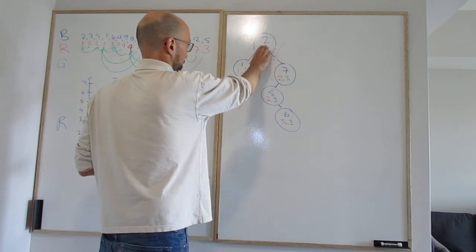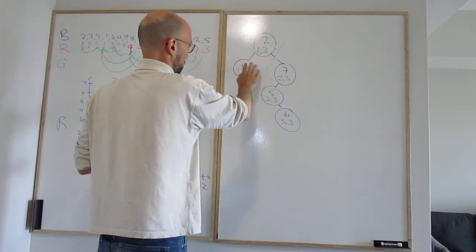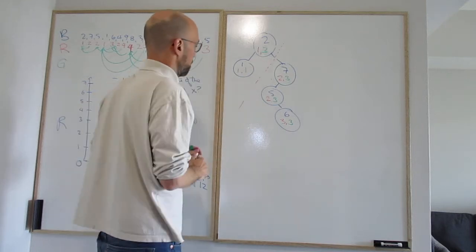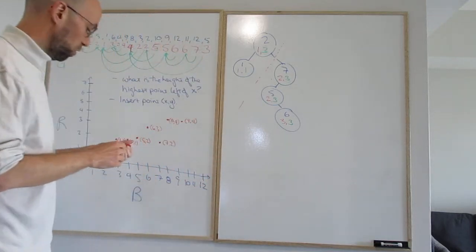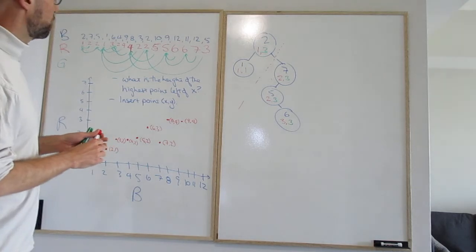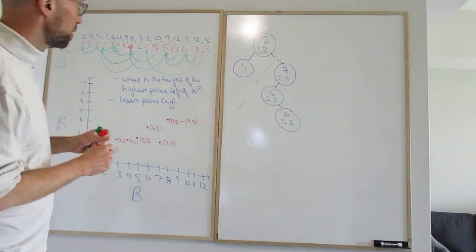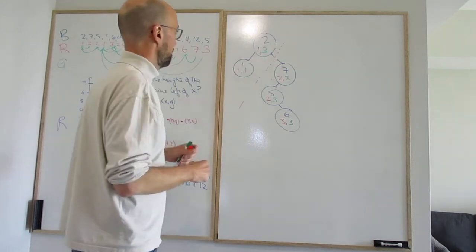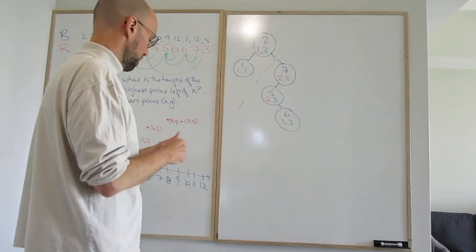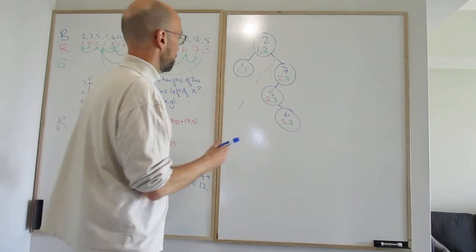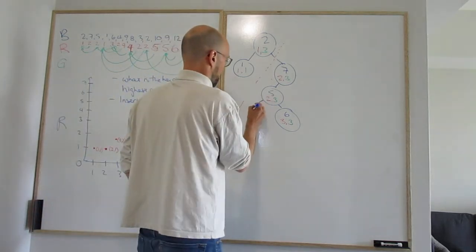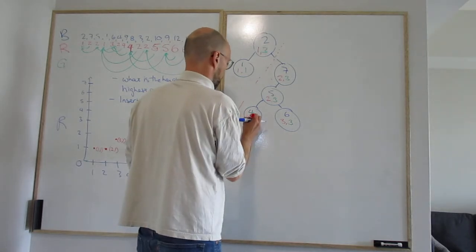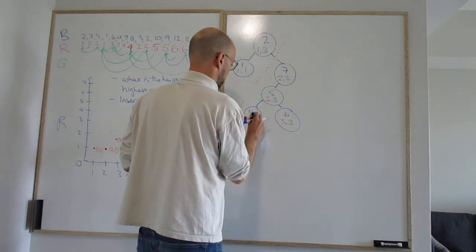We ignore the green 3. We look at the red 1 and we look at the green 1 because this whole subtree is less than 4. So that is going to give us a 2 because the max of the red 1 and the green 1 is 1, plus 1 is 2. So this becomes 4, 2, 2.